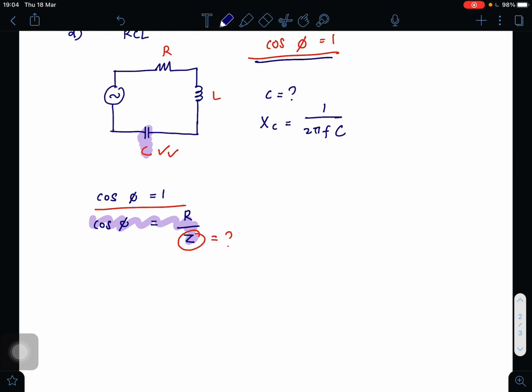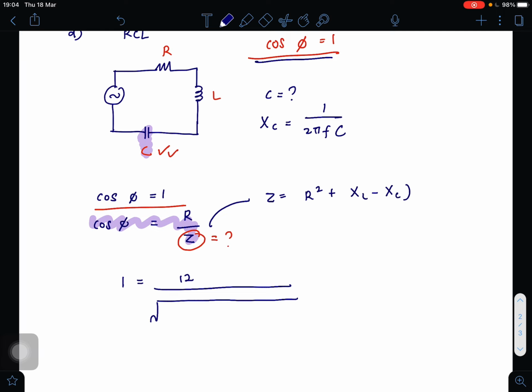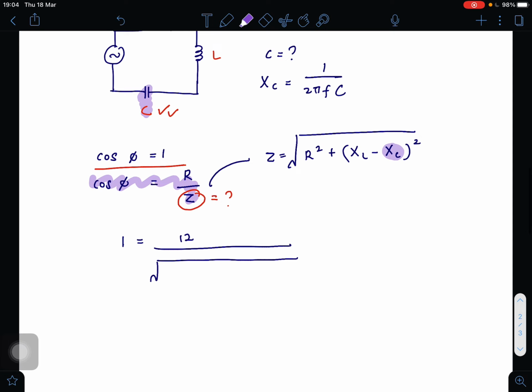Which is cos phi adalah sama dengan 1, R adalah sama dengan 12, and then Z kita is now square root of R square plus XL minus XC square, because we add a new capacitor here. So masukkanlah R square adalah sama dengan 12 square tambah dengan XL, XL tadi adalah 20, minus XC square.